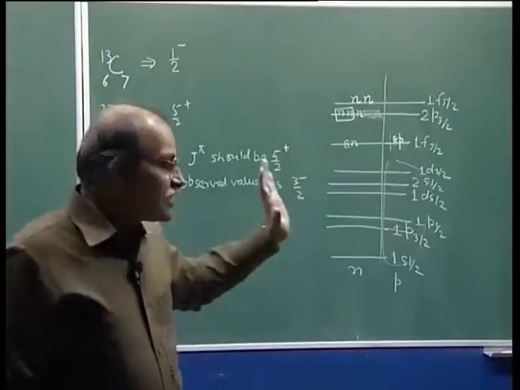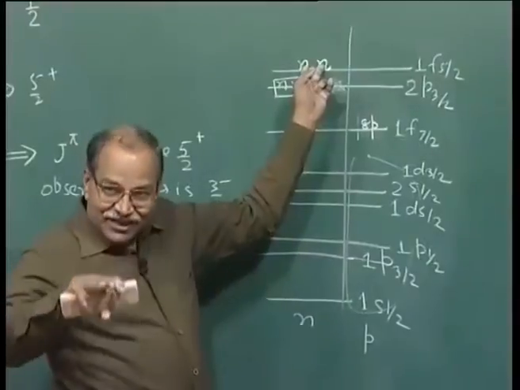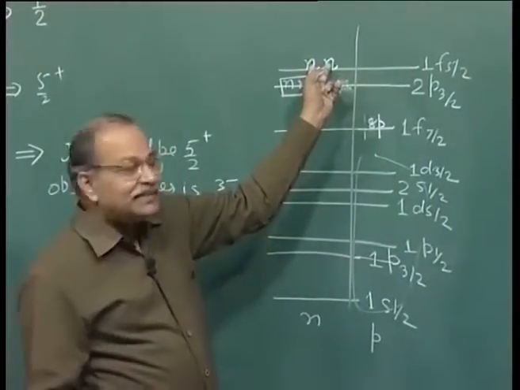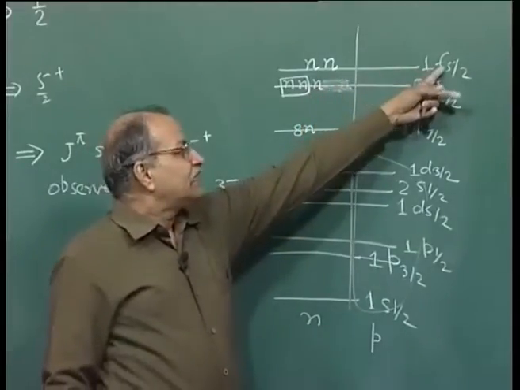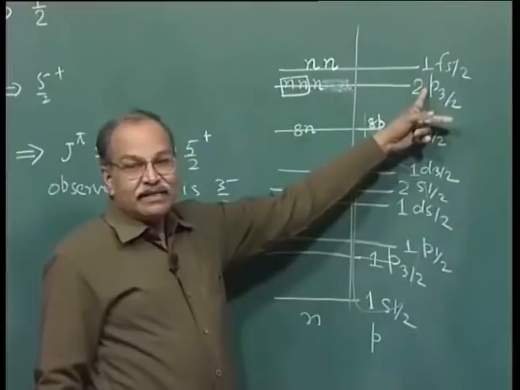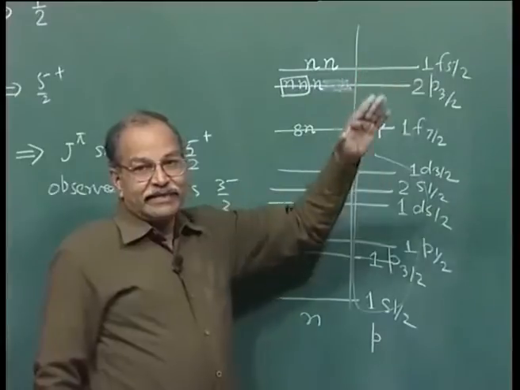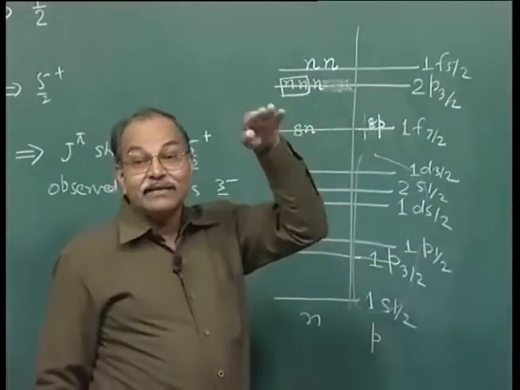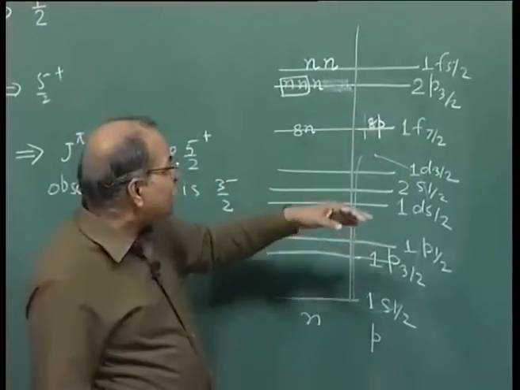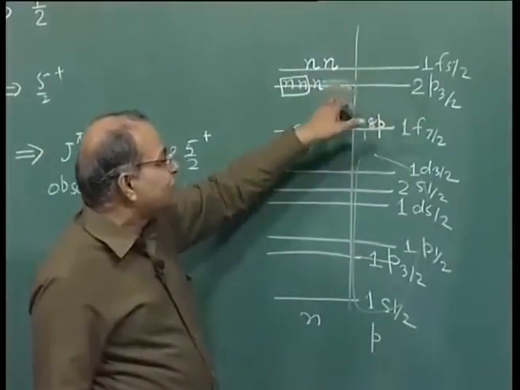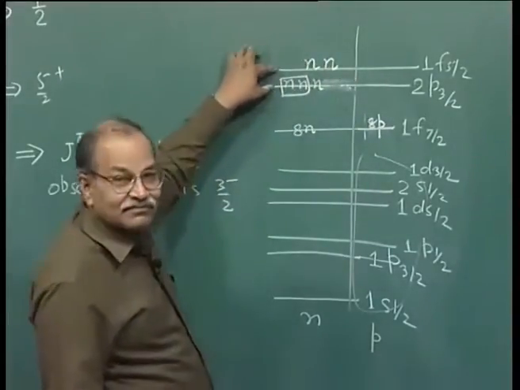So, it so turns out that if the pair is made here, the energy comes down by a larger amount than if the pair is made here. Here this is f, L is larger, here it is p, L is smaller. L is 1 here, L is 3 here. So, if pairing is done in a higher L level, that pairing energy is larger. It so happens that the difference in pairing energy more than compensates for this rise.